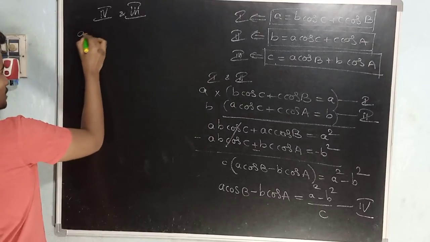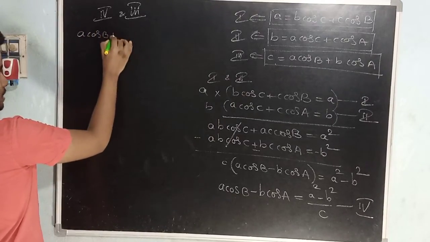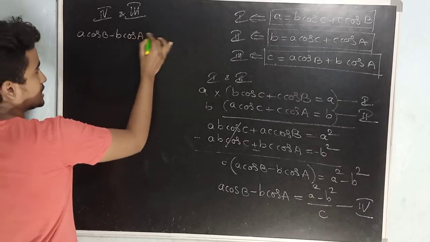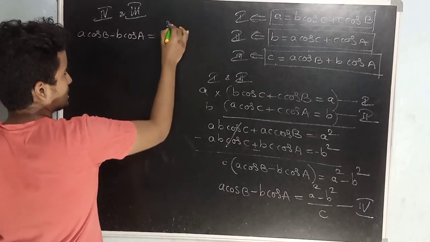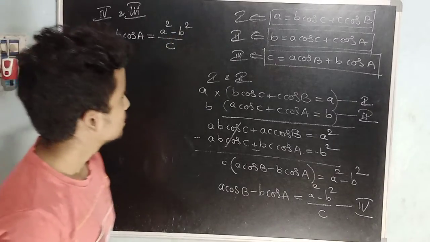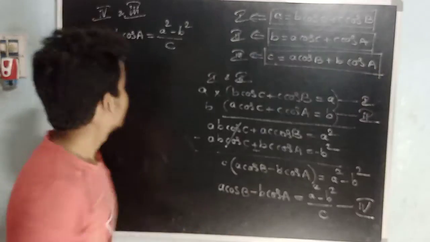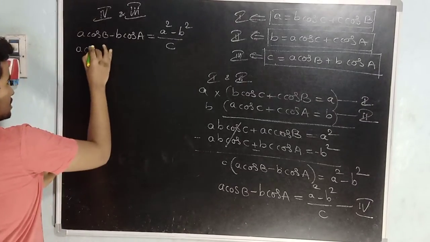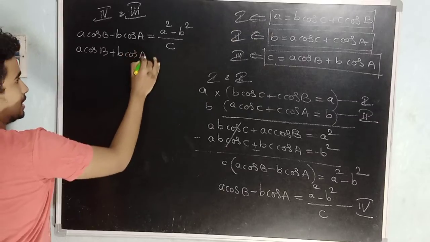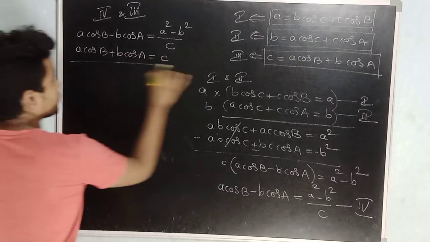Here we got fourth equation, that is A cos B minus B cos A is nothing but A square minus B square by C. And third equation, that is A cos B plus B cos A is equal to C.